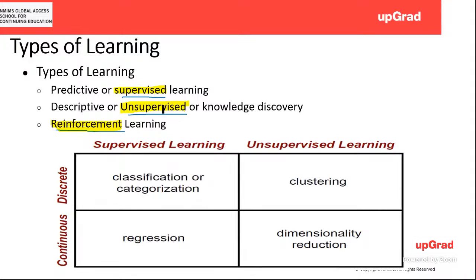And otherwise it is unsupervised learning, because you are trying to explore it. So basically you are discovering things, right? So in unsupervised learning we try to discover the knowledge or discover the patterns that are hidden, right?